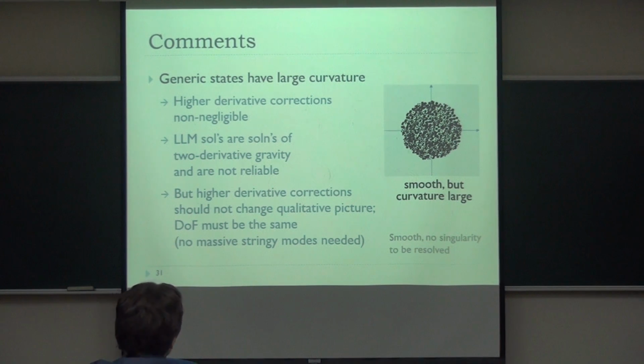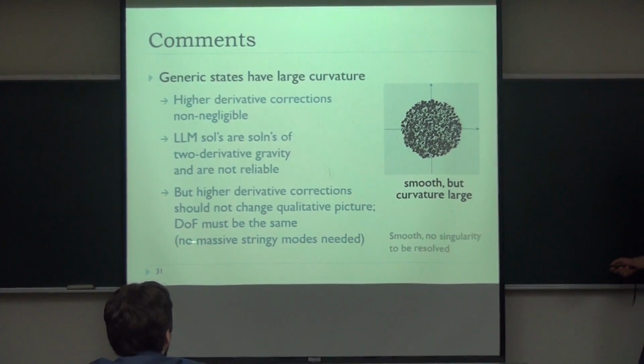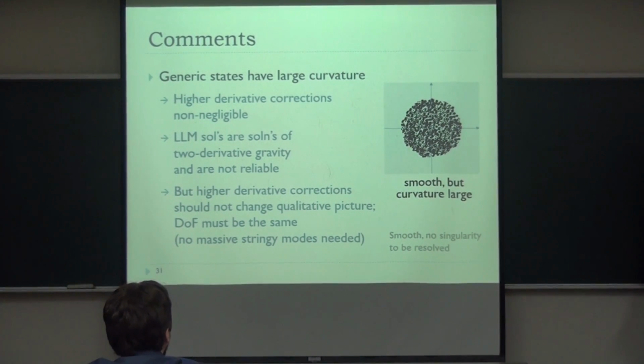Namely, we must be able to describe the microstates in terms of the density of degrees of freedom of gravity. Namely, we don't have to consider massive string modes to describe the real solution. The reason is that although these are really high curvature solutions, there's no singularity to be resolved.